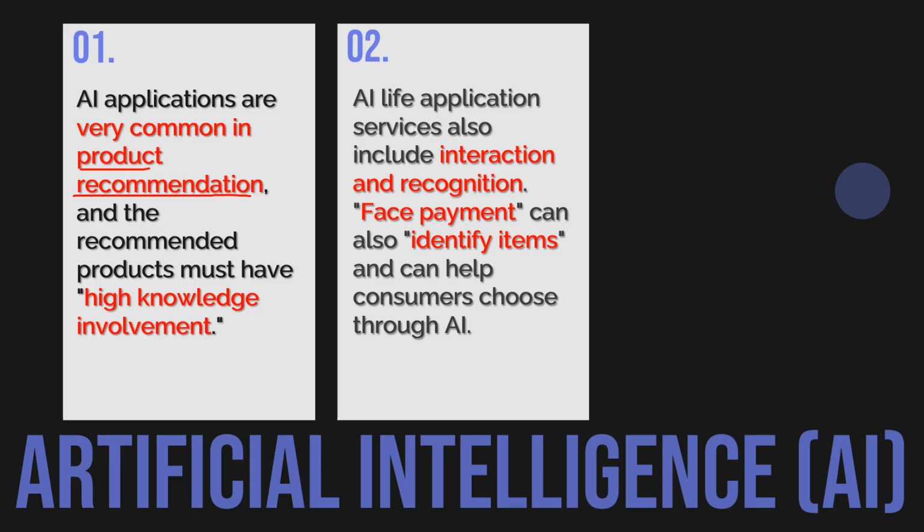Number 2, AI live application services also include interaction and recognition. Face payment can also identify items and help consumers choose through AI. If you go to Europe, they have a theater where they will pay per laugh.